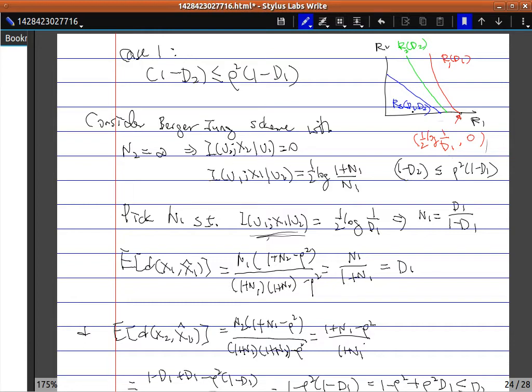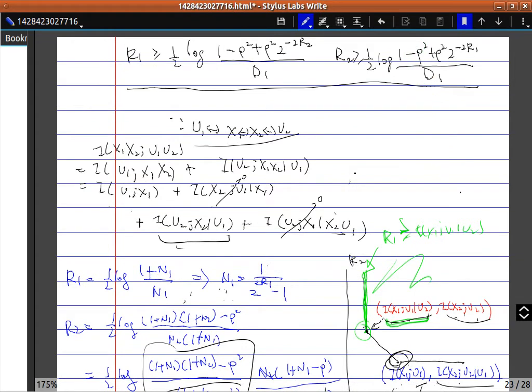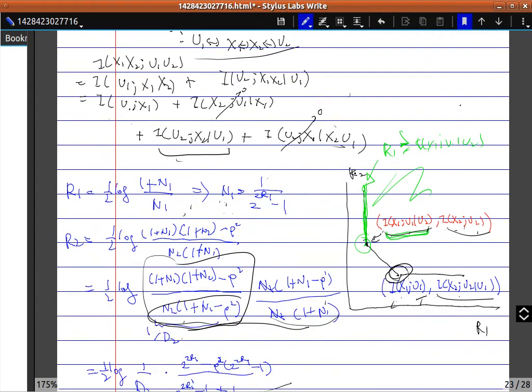Therefore, the rate r2 is equal to 0, and the rate for x1 is equal to R of u1, x1 given u2, and that is equal to 1/2 log 1 plus m1 over m1, as we can easily see earlier on.